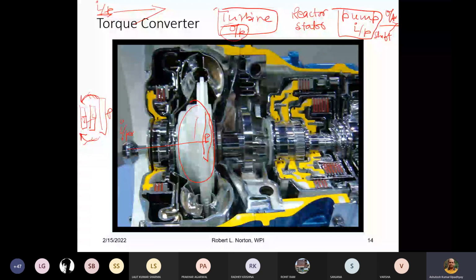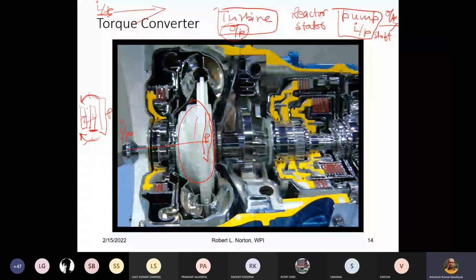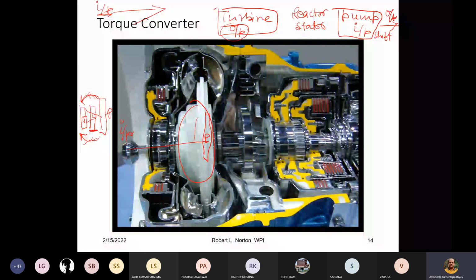Based on the requirement, if the turbine is stationary, this stator will help in creating a high amount of torque. So the fluid is flowing this way, coming to the turbine, and from the stator again coming to this centrifugal pump.